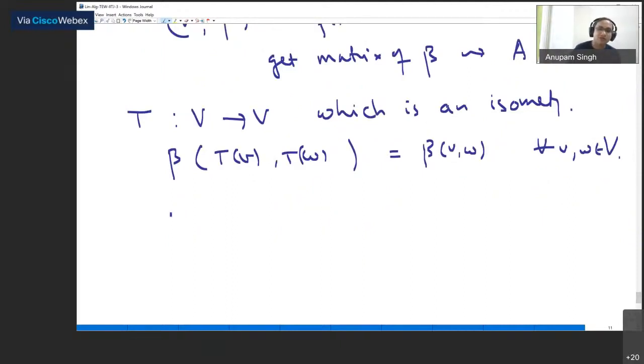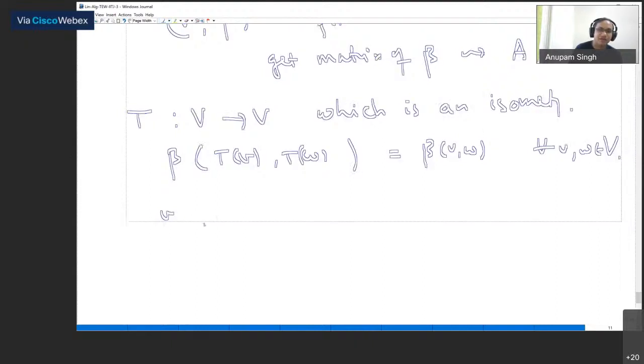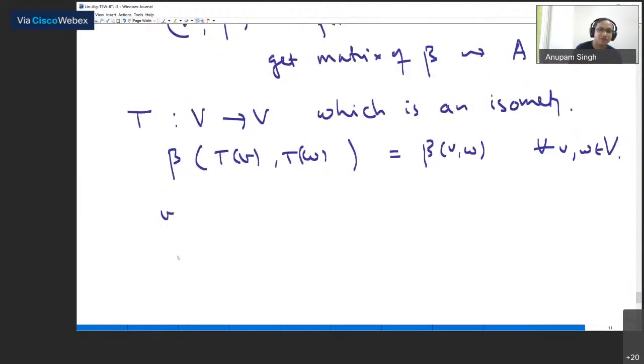Okay, so suppose I have a vector V, and we know we can write its coordinates.